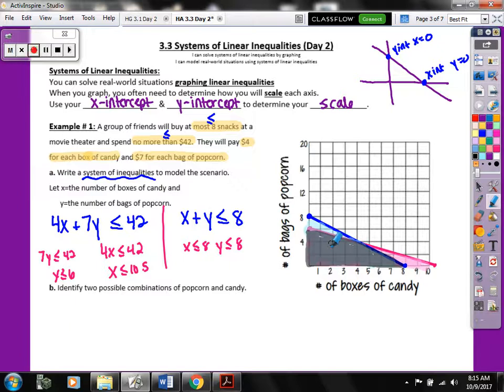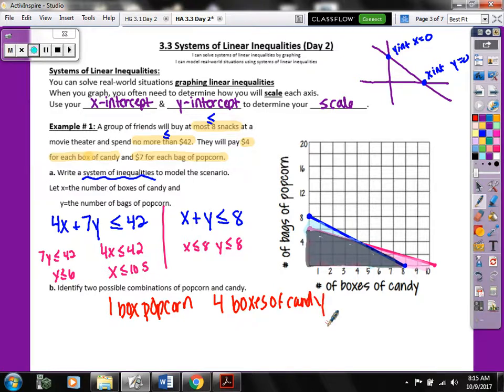Then they want us to pick 2 possible combinations of popcorn and candy. You can pick any ordered pair that lies in the shaded region. Who can give me one possible combination of the number of boxes of candy and popcorn they could afford? Abby? 1 box of popcorn and 4 boxes of candy. 1 box of popcorn and 4 candy, yes. I guess those bags of popcorn, whatever.